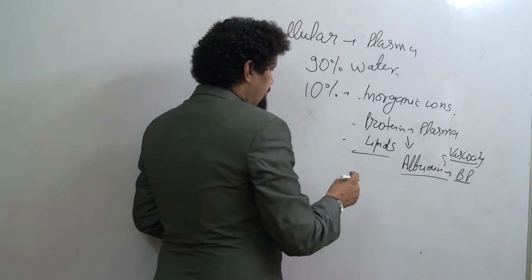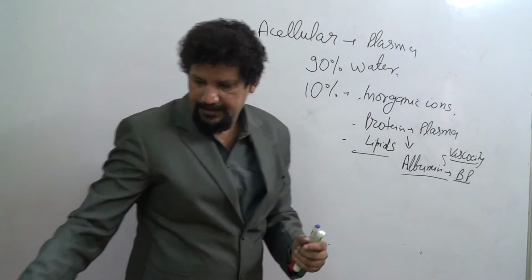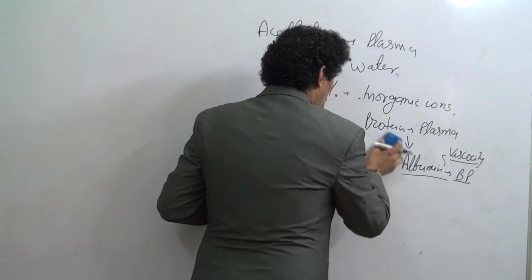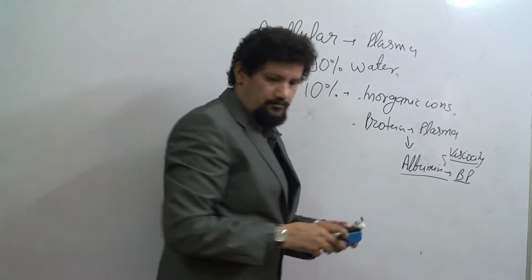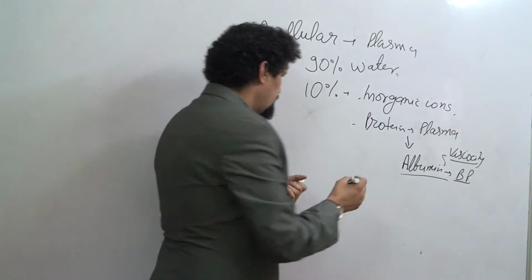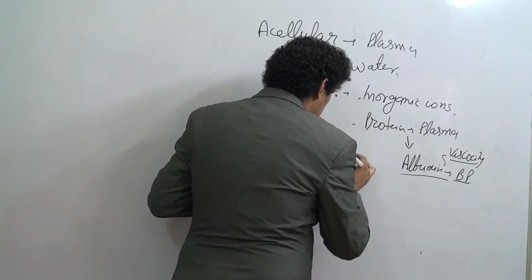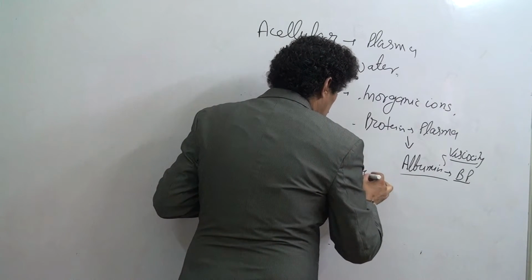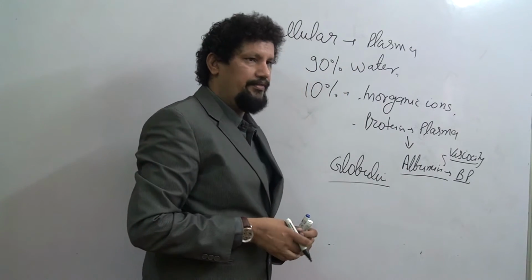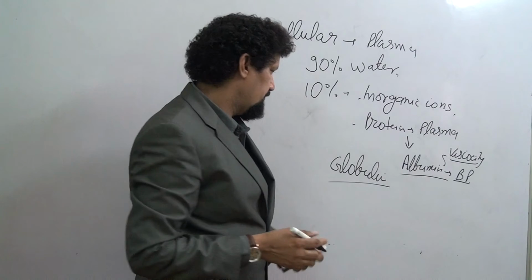The second plasma protein is globulin, which is of alpha globulin and beta globulin types.